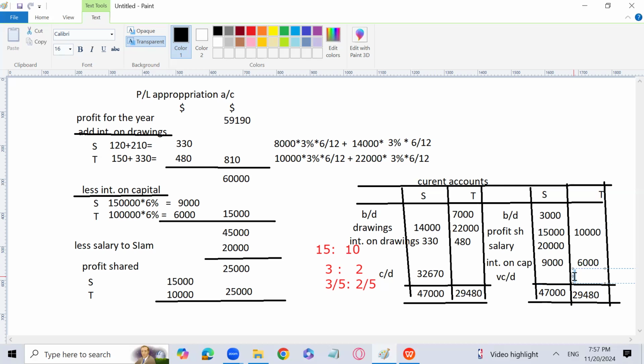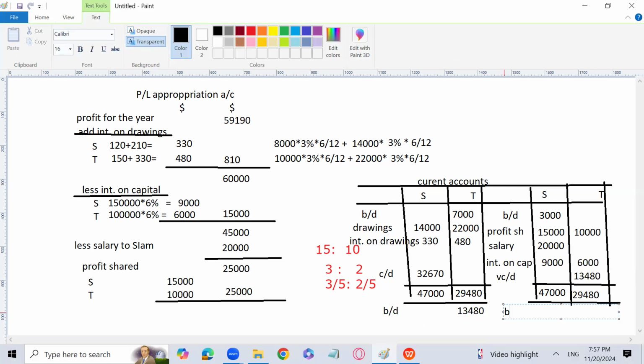So that is going to be 29,480 minus 16,000. So the loss has increased to 13,480. So the loss of 7,000 for T has increased to 13,480, by almost 6,000.